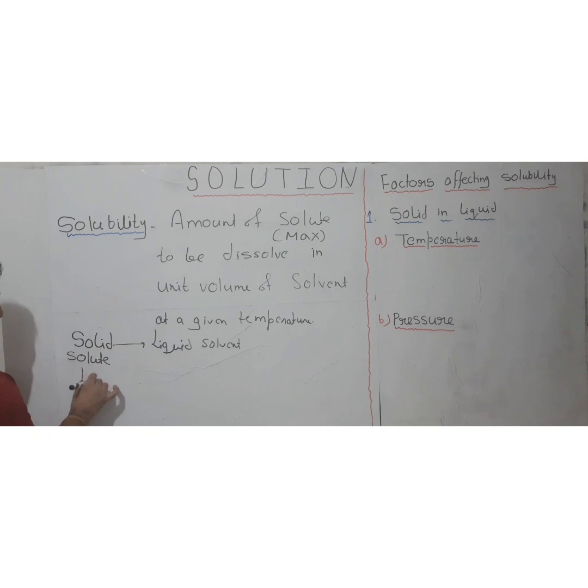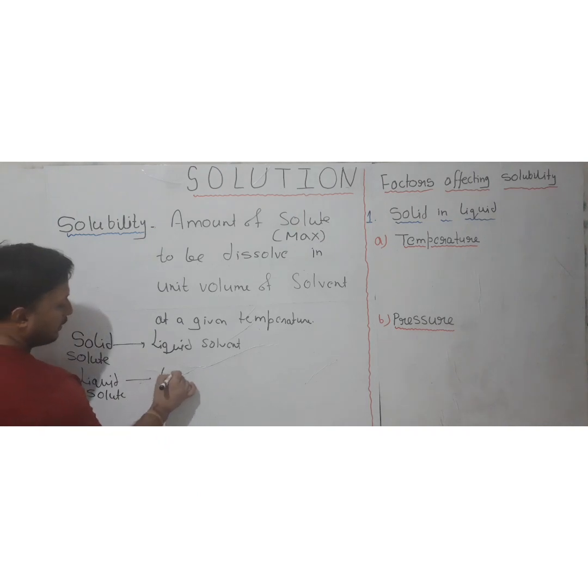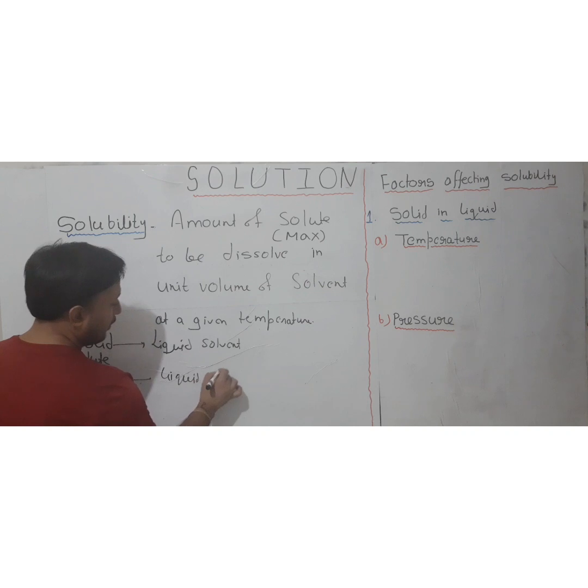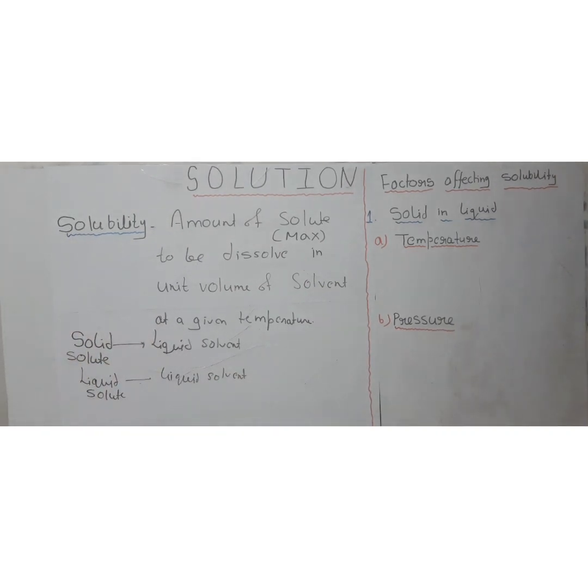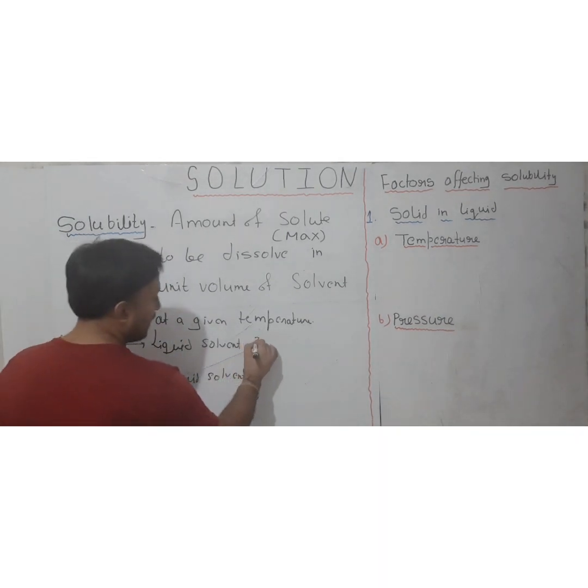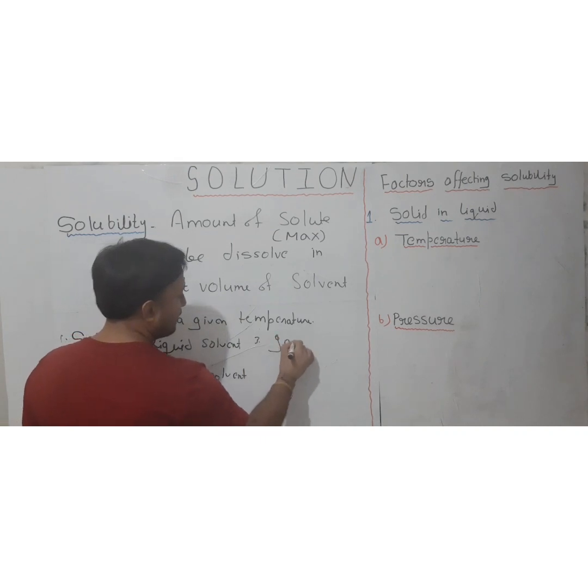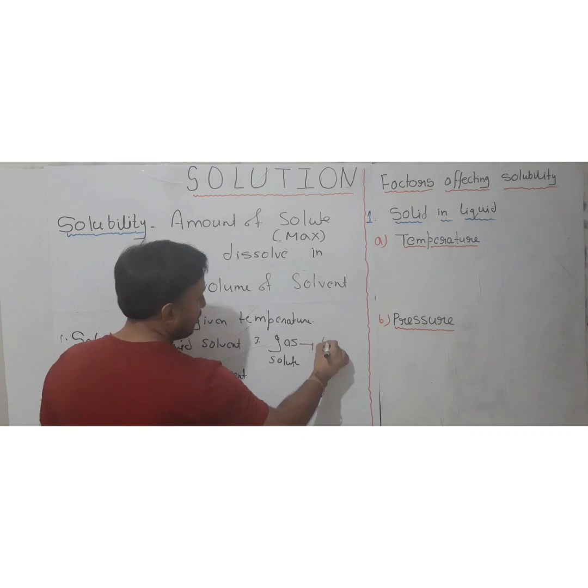Or maybe the solute is liquid and the solvent is also liquid. So that can also be used to prepare the solution and the solubility can be measured. And the third one is a gaseous solute to be dissolved in a liquid solvent.